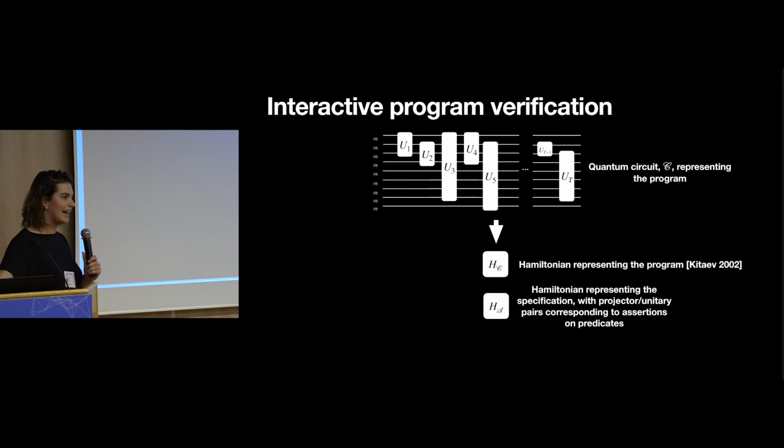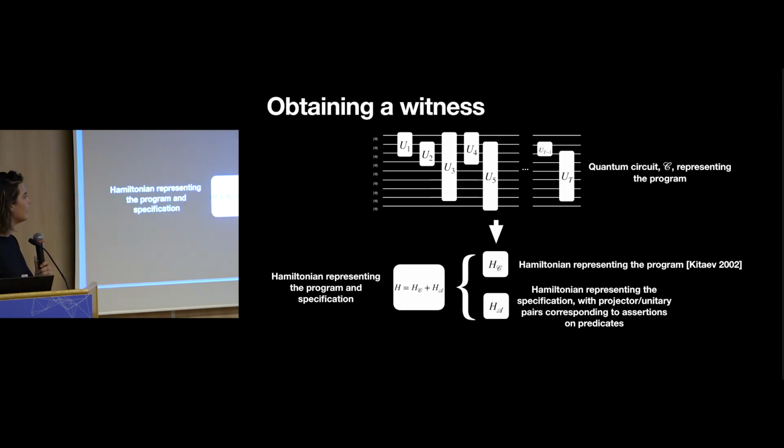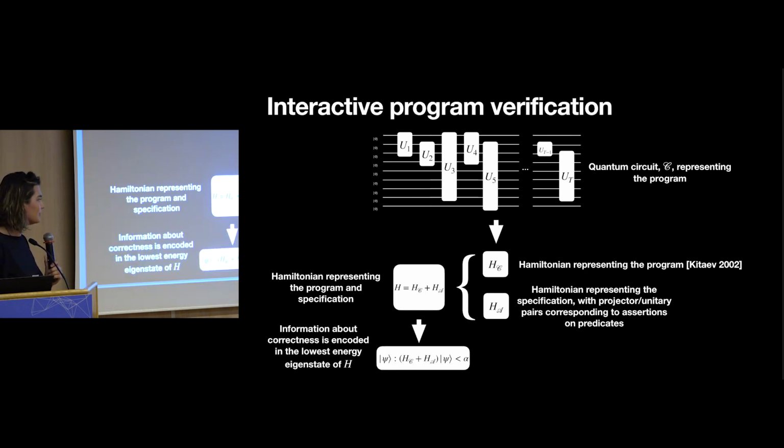But then we'd like to add an additional term into our Hamiltonian that represents our assertions and places constraints on the program execution between time steps i and i+1. For this joint Hamiltonian that represents both our program and specification, we'd like to somehow make it so that the lowest energy eigenstate is the witness to a correct execution of the program with respect to the specification.